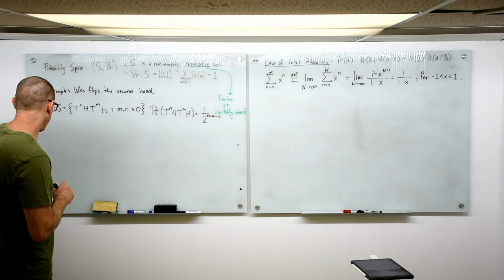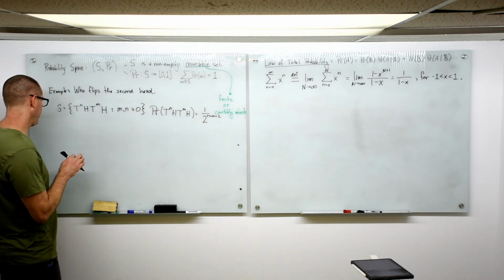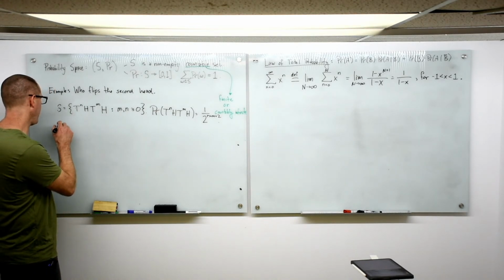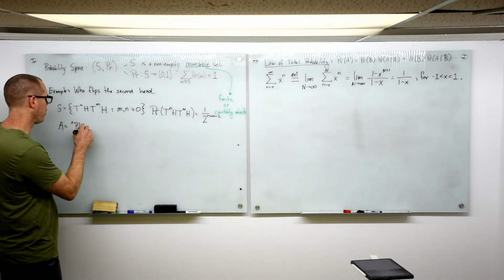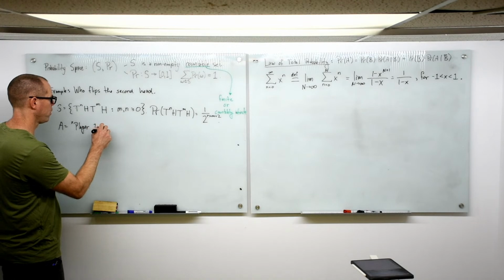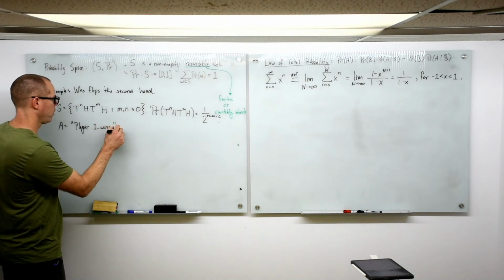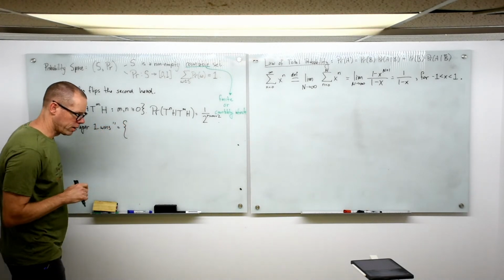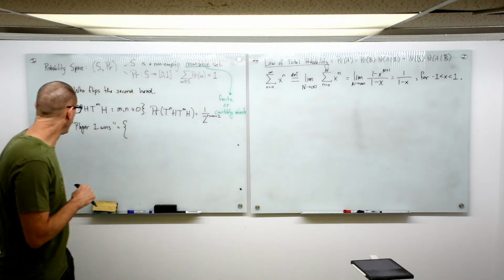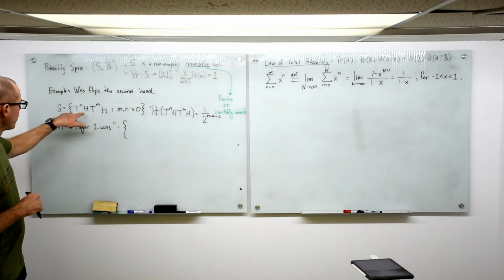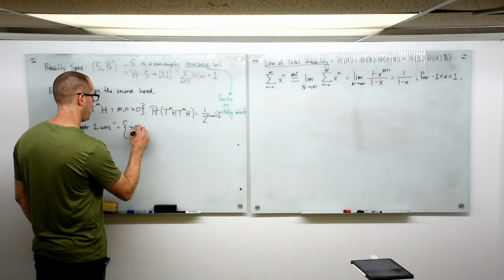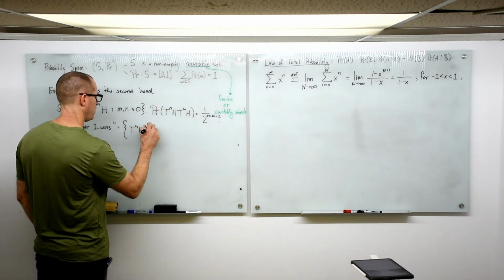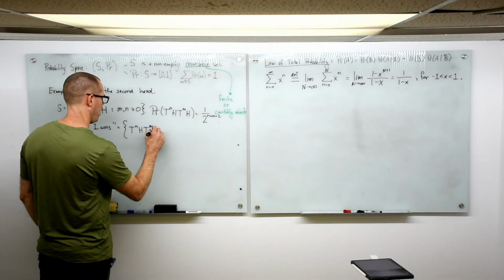And now let's look at the event A, as before, is player 1 wins the game. Now, what does that look like? Well, it's a bunch of events that look like this: T to the n, heads, T to the m, heads.